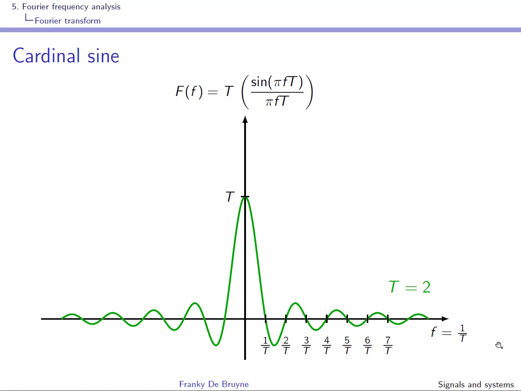The sinc function is shown on the screen for T equals 2 here, and you can see that it has infinite support, so there will be contributions at all frequencies, even if at high frequencies, of course, the contributions will become smaller and smaller. So here we have decided to show this Fourier transform as a real value, that can be positive and negative.